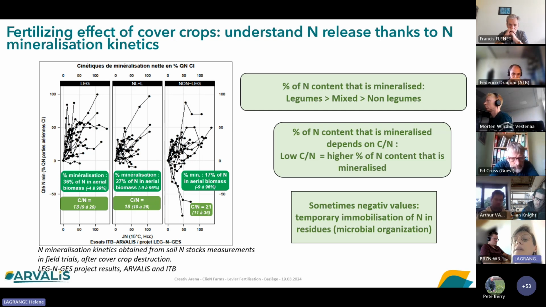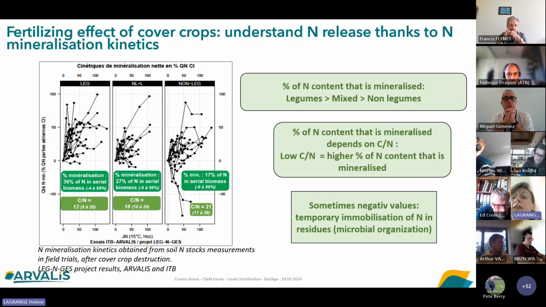And so we learned that the percentage of nitrogen content that is in the crops and then mineralized is not the same percentage depending on the type of cover crop we have. So you have here the amount, 36% in average for legumes cover crop, 27% for mixed cover crops, and 17% for other cover crops.